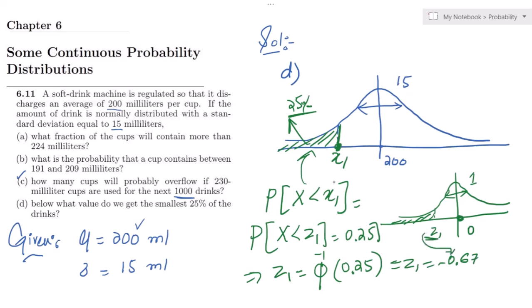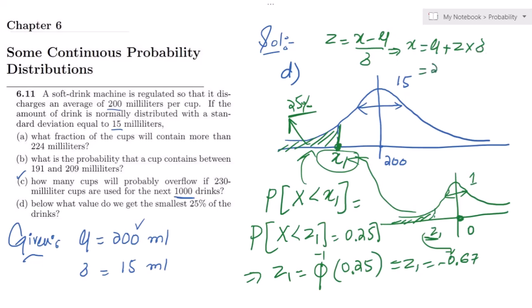Okay, now in order to find this x value from it, what do we have to do? We know that Z is equal to (x minus mu) divided by sigma. So therefore the value of x is mu plus Z multiplied by sigma. We know the value of mu, that is 200. We know the value of Z, which is minus 0.67, and the value of sigma is 15. Let me find it out.